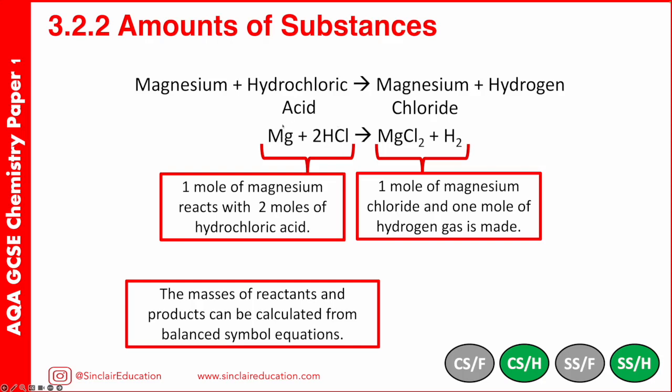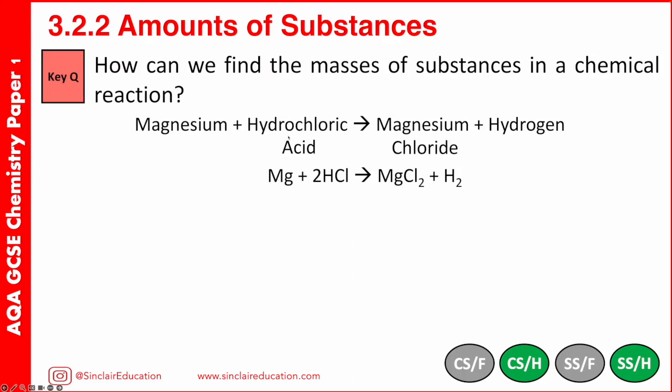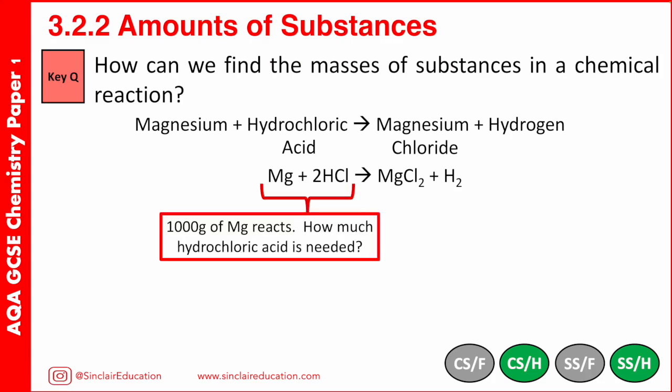We know there actually needs to be twice as much hydrochloric acid compared to magnesium. We can use this as the basis of finding the masses of substances in chemical reactions. So for example, if we had 1,000 grams of magnesium, we could figure out how much hydrochloric acid would be needed.